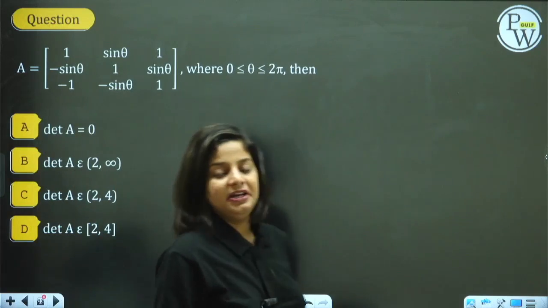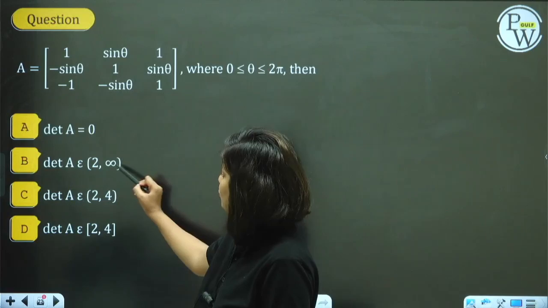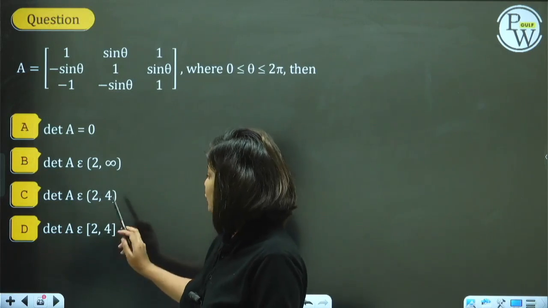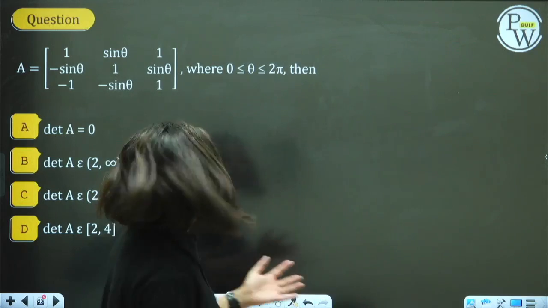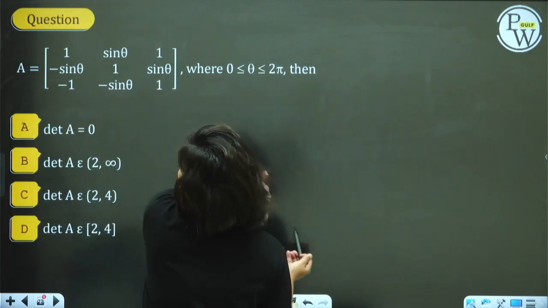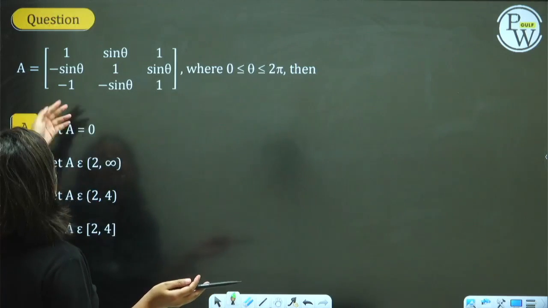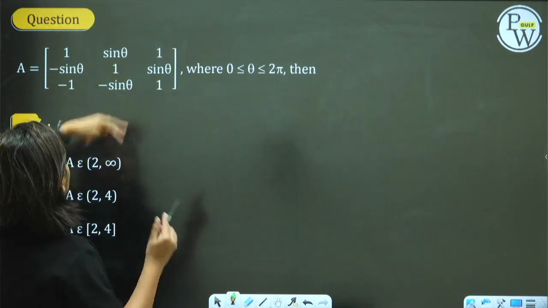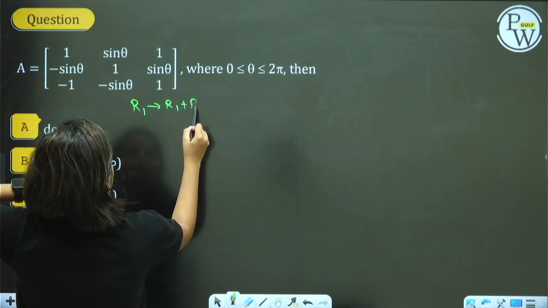Next, A is given, theta is between 0 to 2 pi, then determinant of A is in 0 to infinity open interval, 2 to 4 open interval, or 2 to 4 close interval. Expand the determinant, guys. Before expanding, if you want to simplify, you can simplify, like if I change row 1 to row 1 plus row 3, isn't it?